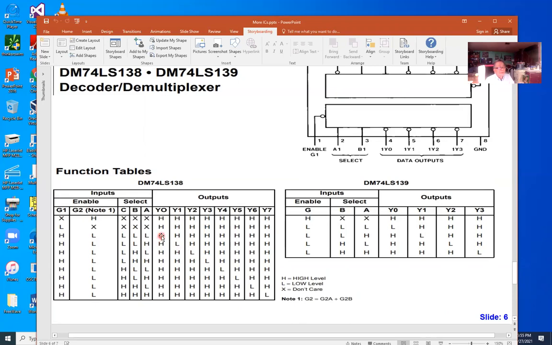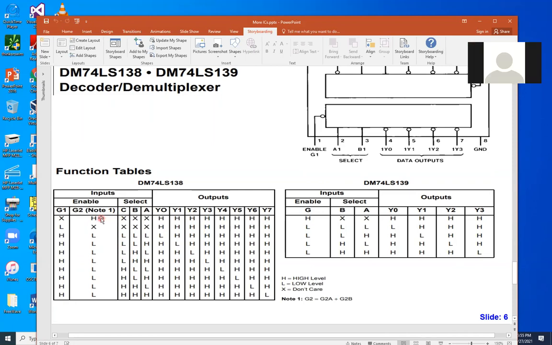And you see that one go down here. They're telling you the output of 74138, you can get only 1 low, and the rest have to be high, depending on the combination A, B, C. Okay?